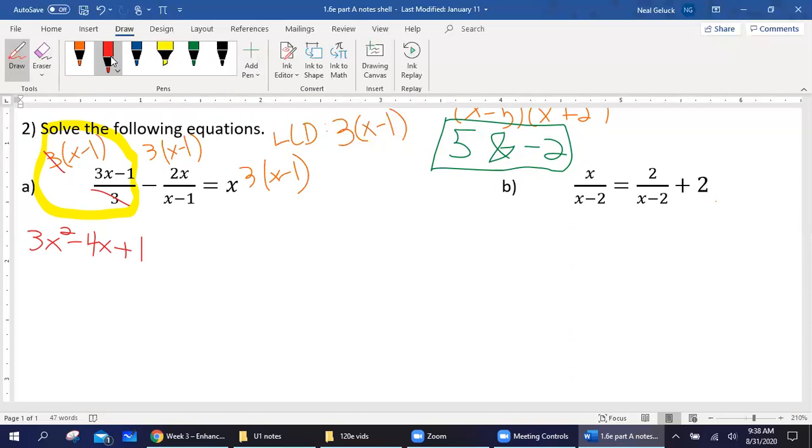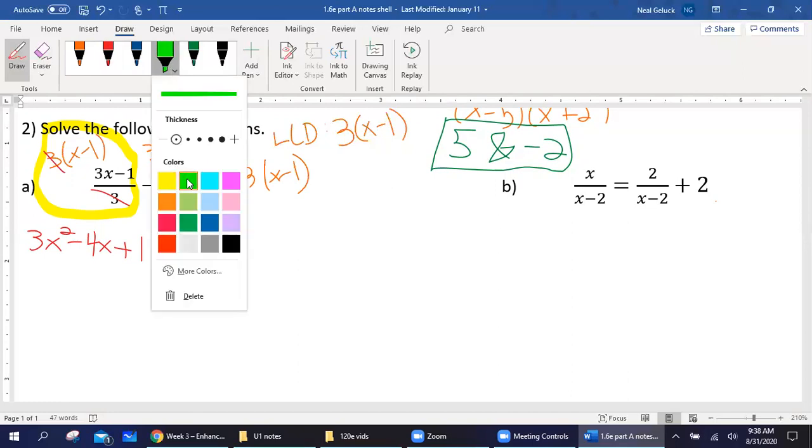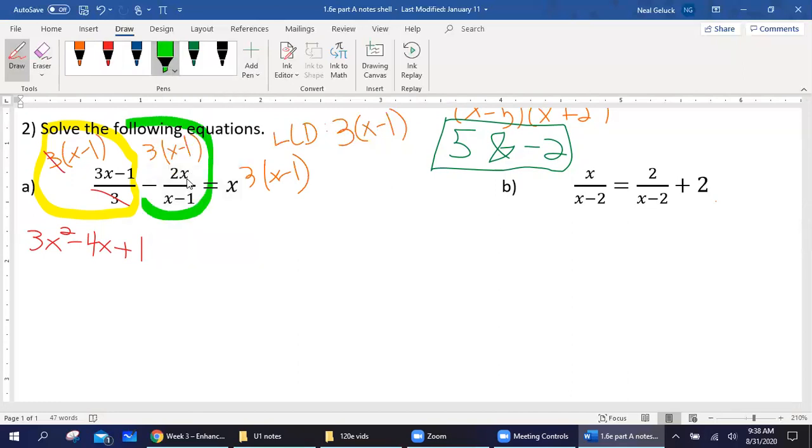For my second part, so now I'm looking at this part. The x minus 1's will cancel. And so I'm just left with 3 times 2x, but careful, it's actually a negative 2x. That's going to be minus 6x.